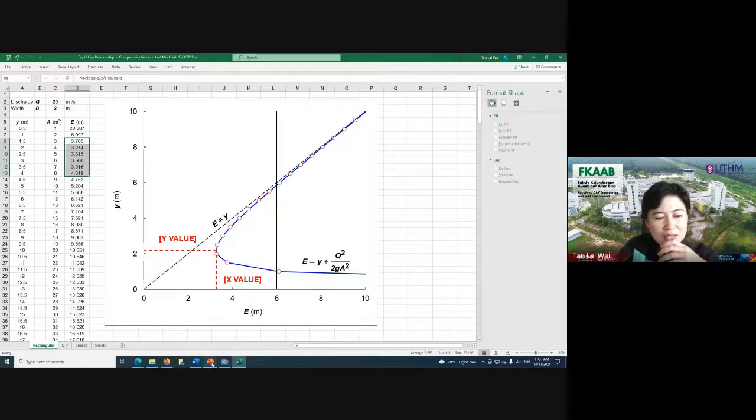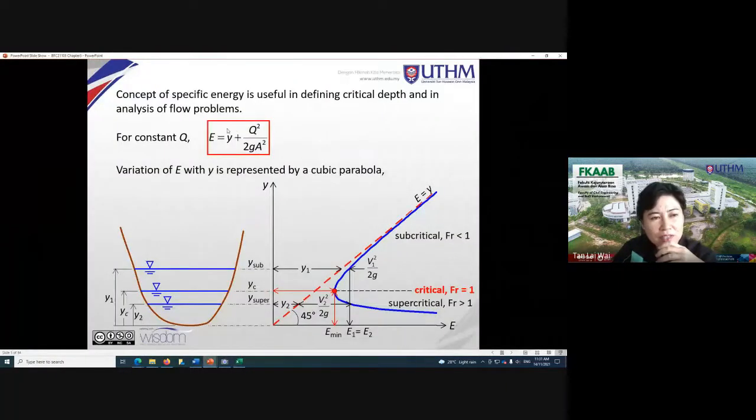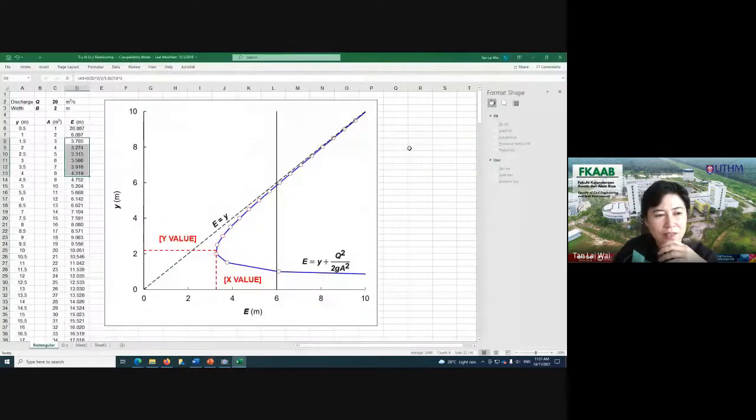So if you are solving this equation, except for E minimum when Y equals YC, for all other E you are going to have two values of Y. One would be subcritical, the other supercritical.